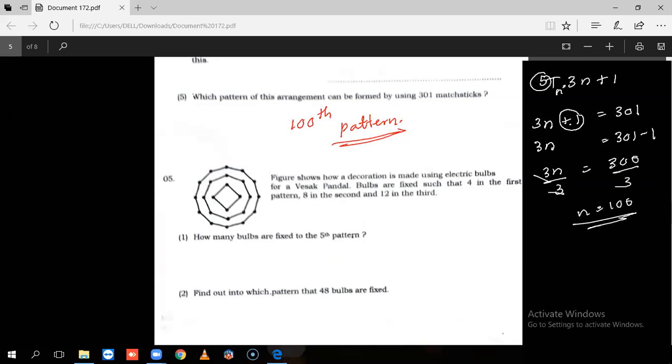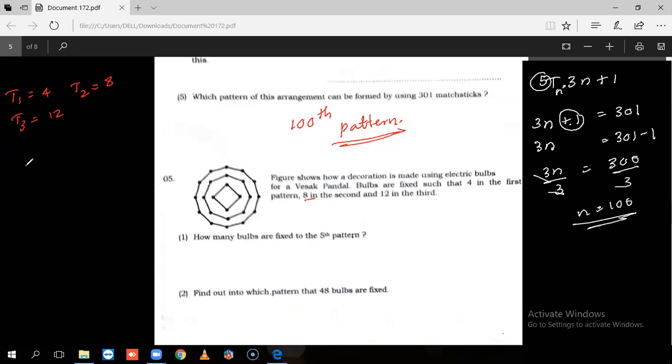First one, 4. I can write T1. In the first, 4. Second pattern, term 2, is 8. T3, third pattern, 1, 2, 3, 12 like this.